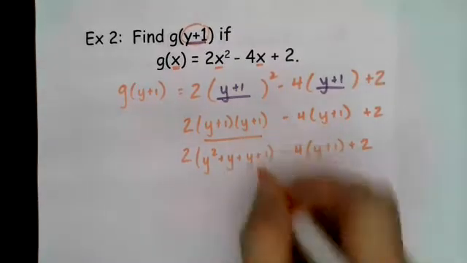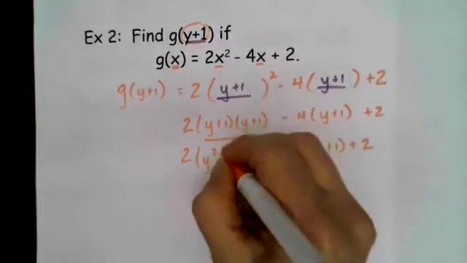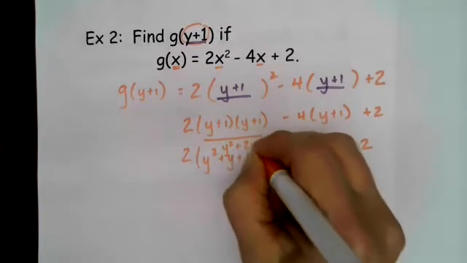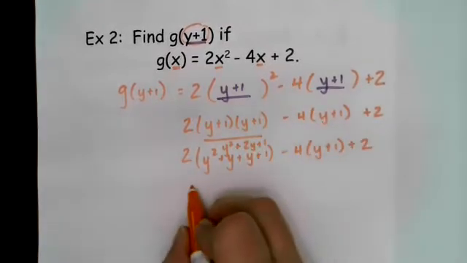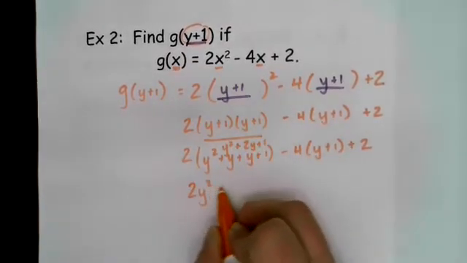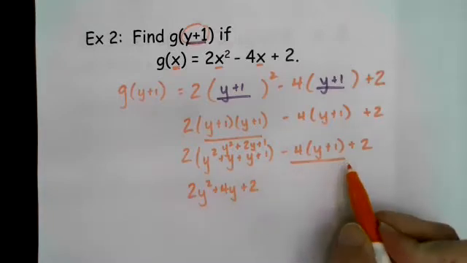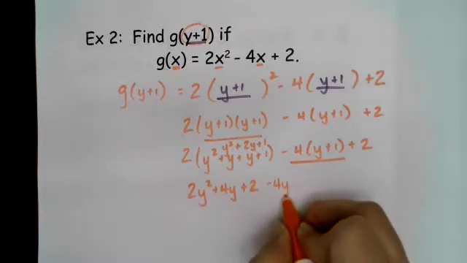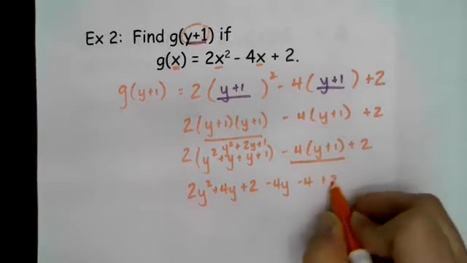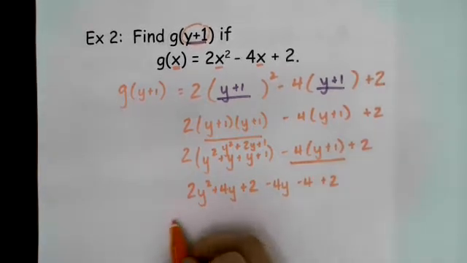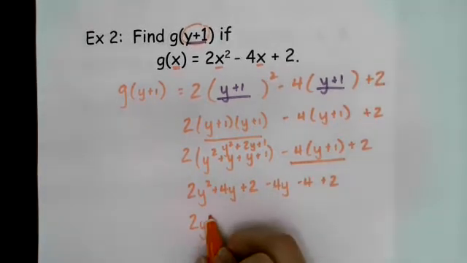Combining like terms, I'm just going to write above this y squared plus 2y plus 1. So I'll have 2y squared plus 4y plus 2, and then distributing here, minus 4y minus 4, and then a plus 2. We need to combine like terms.